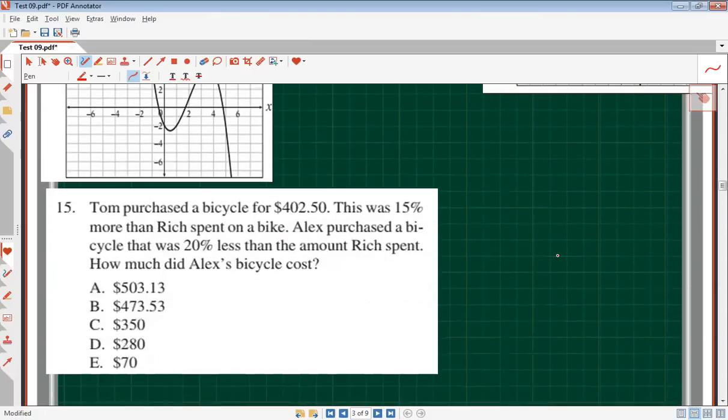Question number 15. Tom purchased a bicycle for $402.5. It was 15% more than Rich spent on a bike. Alex purchased a bicycle that was 20% less than the amount Rich spent. How much did Alex's bicycle cost? This question is easy. We just need to put a variable.